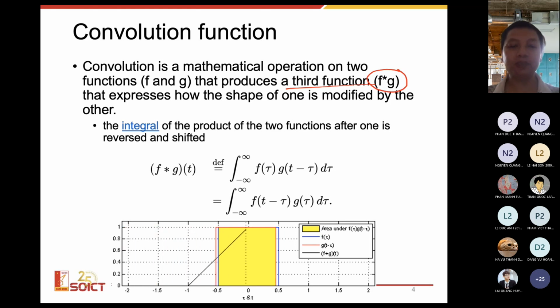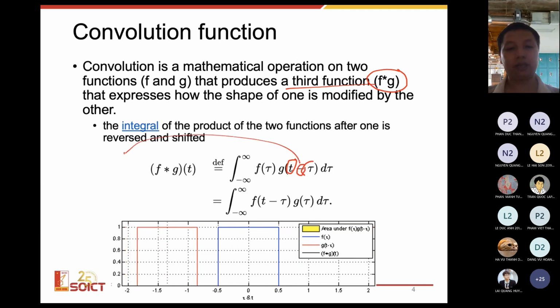It produces the integral of the product of the two functions after one is reversed and shifted. In this formula, the convolution is the integral from negative infinity to positive infinity, where we shift the g function by an amount of t, and the negative here refers to the reverse.